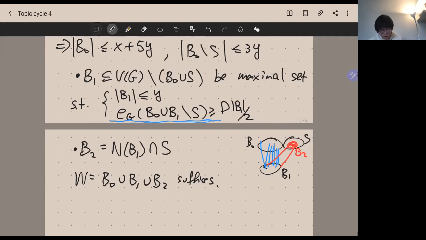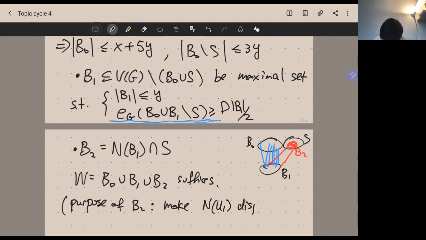But let me just convince you what the purpose of B2 is. We want to make N(U1) disjoint from B1.